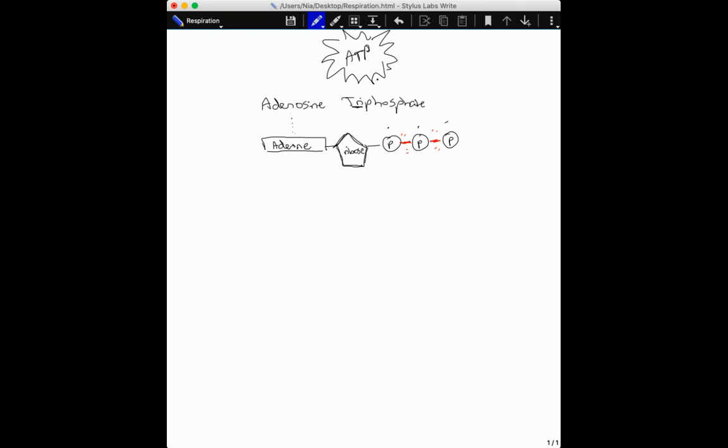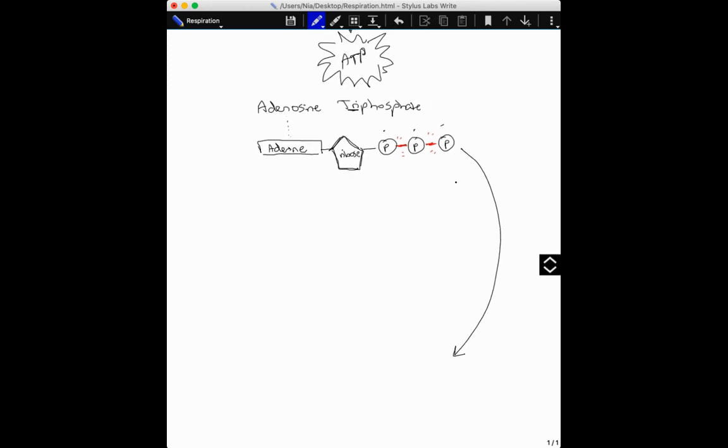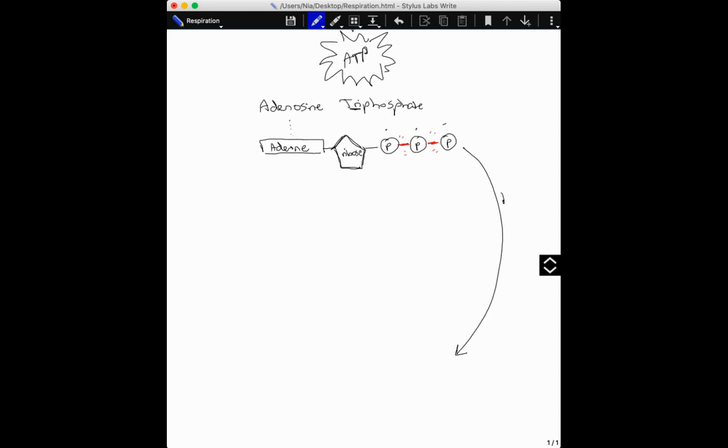So you need to know a bit about how ATP can release energy in this way. The process of breaking one of these phosphate bonds is called hydrolysis. And hydrolysis requires water. So following the hydrolysis of one of these phosphate bonds, we end up with a similar looking molecule to ATP, but this time with only 2 phosphates instead of 3.